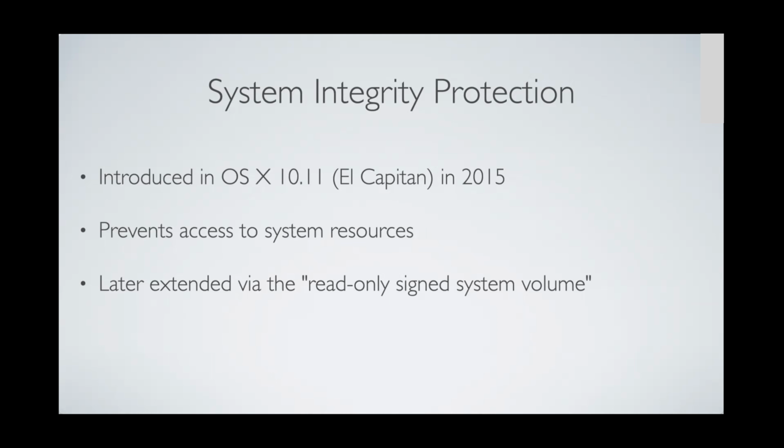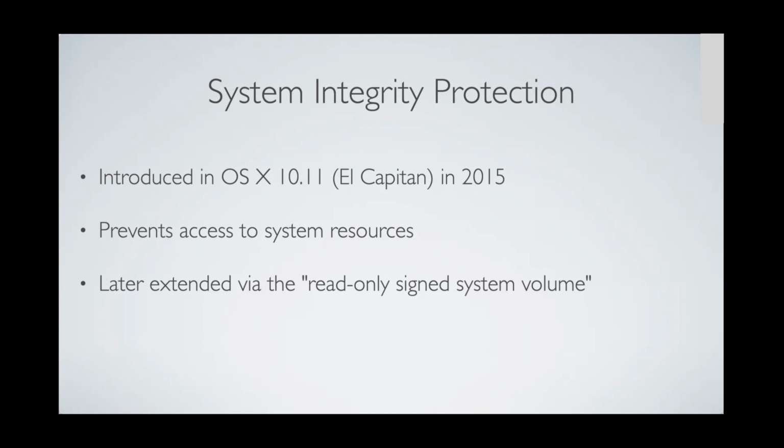And then in a later version of macOS, it was extended into the read-only signed system volume. So in modern macOS, not only is your system covered by System Integrity Protection, most of it is also located on a separate partition on your disk that is marked as read-only. So nothing can make changes there, even if System Integrity Protection is turned off.